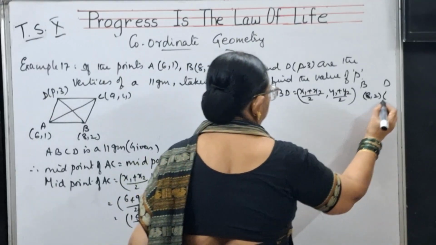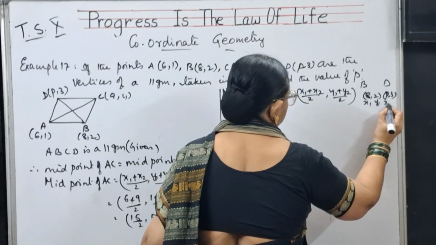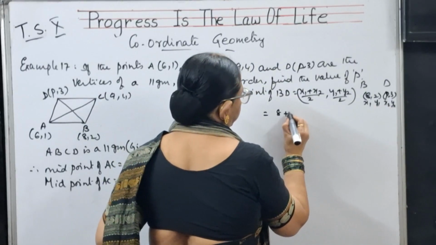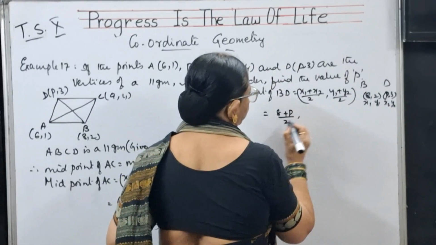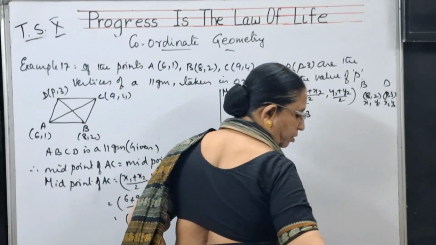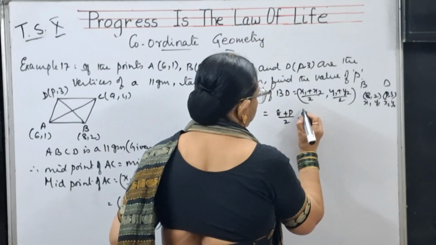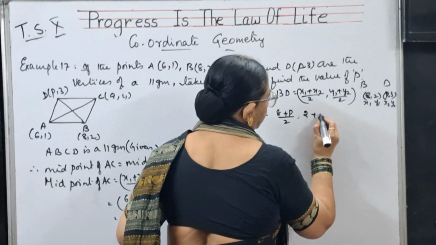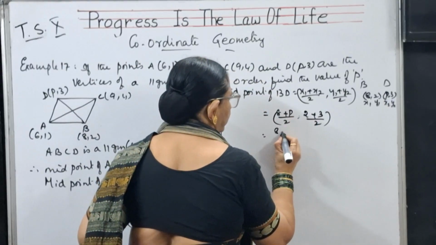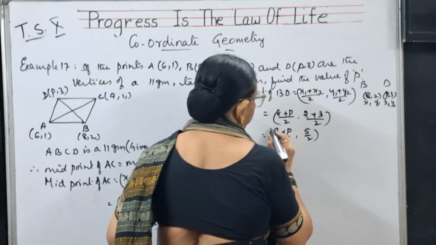D coordinates are (P, 3); x1, y1, x2, y2. So x1 is 8 plus x2 is P by 2, comma, y1 is 2 plus y2 is 3 by 2. So this is 8 plus P by 2, comma, 5 by 2.